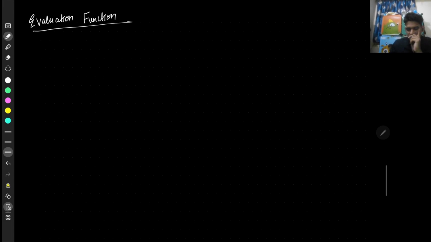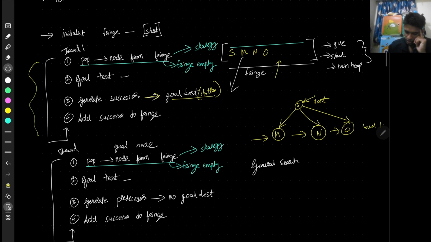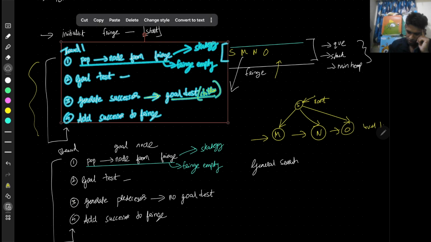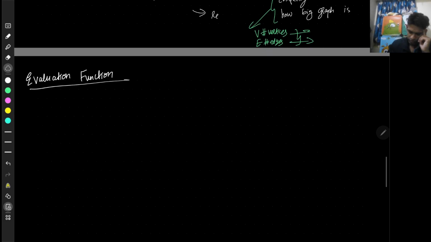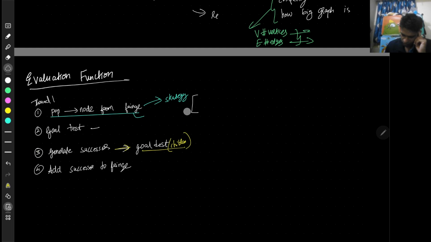So the evaluation function: we had this general algorithm, right? I'll just copy paste this, and you have the fringe also.